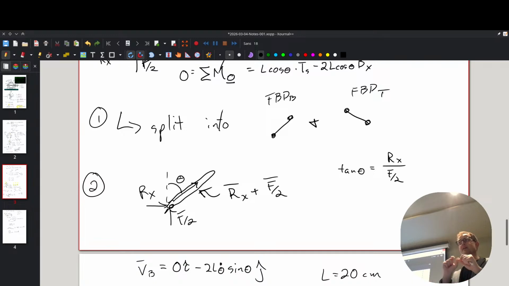Another way is that because we have hinges, we can say at every hinge there's no moment applied, so the total force at every hinge has to be equal to 0 too. Or, well, not equal to 0, but the reaction from that beam down onto the hinge has to be along the direction of where the beam is.